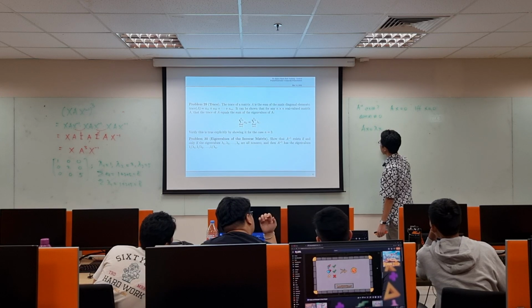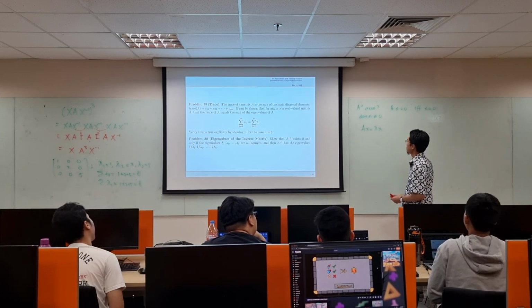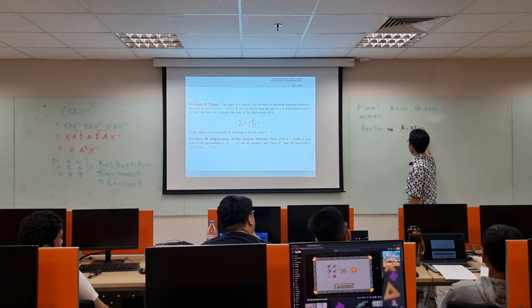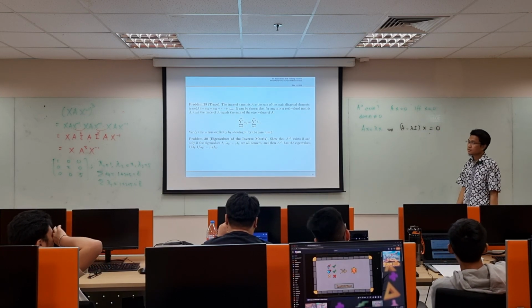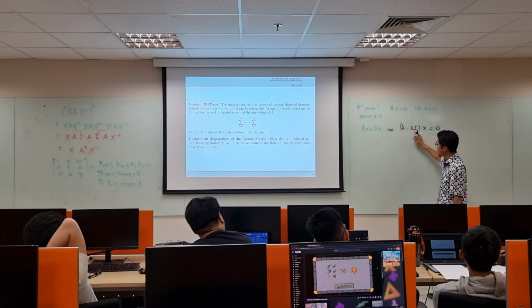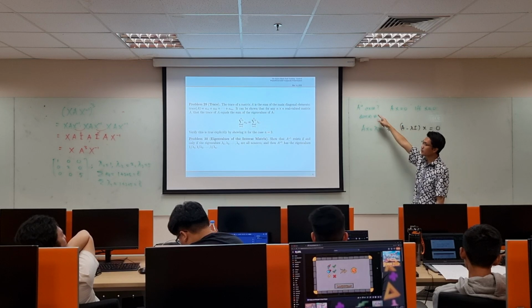So if you have the eigenvalue problem where A minus lambda I equals 0, we want to show that if lambda equal to 0 is a solution, then it will come into contradiction.